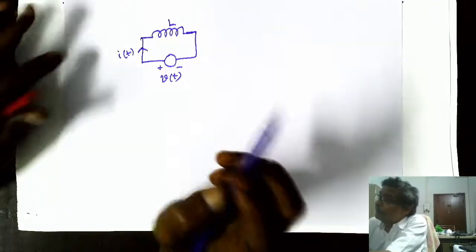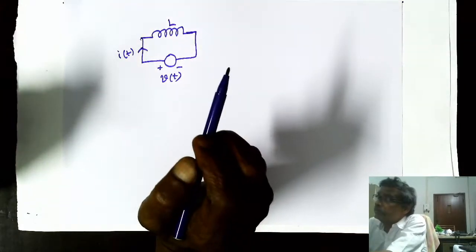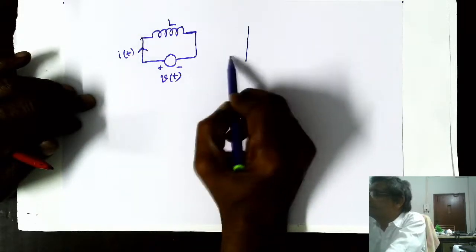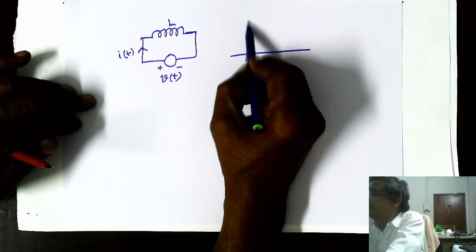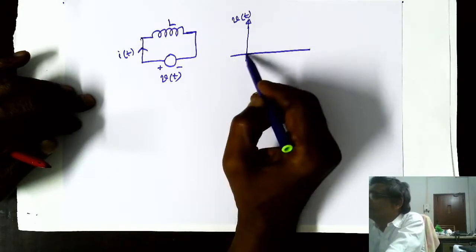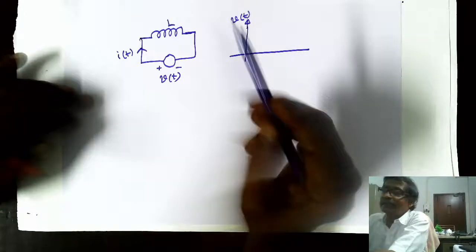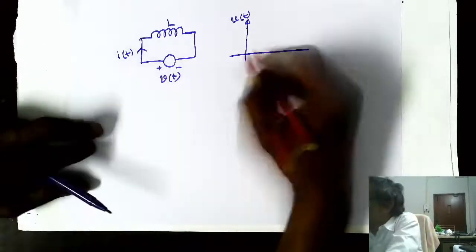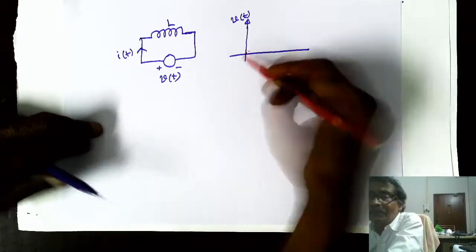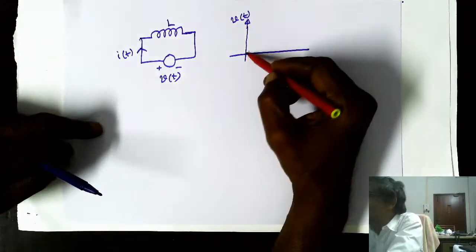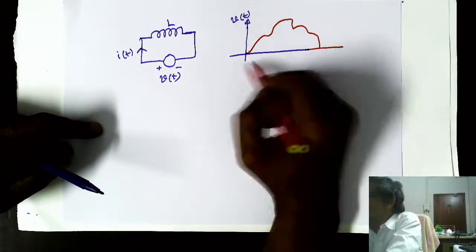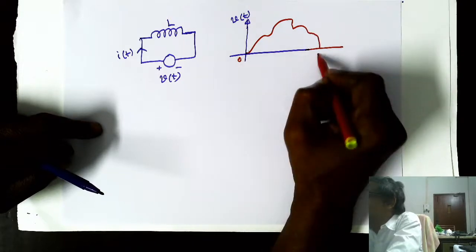Now suppose the voltage is like this. Very arbitrary voltage I am drawing, a crazy voltage. For example, you have managed to get a voltage source of this kind, from zero up to T.